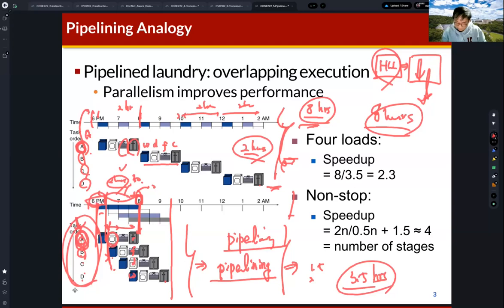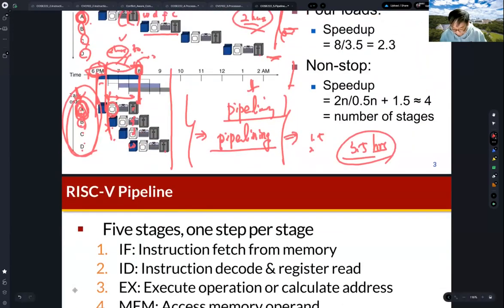If we apply pipelining to a processor, we can also reduce the total execution time of multiple instructions. That is the benefit of pipelining. Do you understand? I hope everyone can understand.